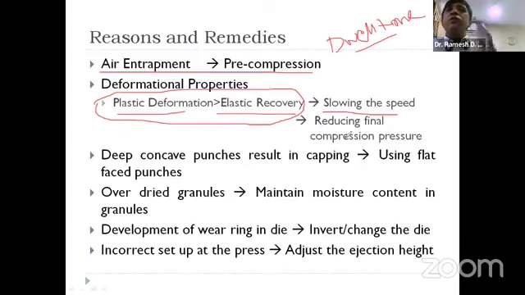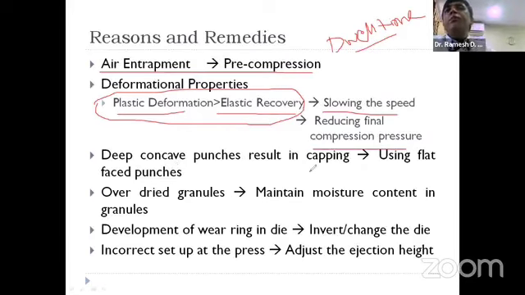So, if the upper punch remains for a longer time in the die cavity, it will lead to proper deformation. And that's why the material will not try to regain its original size and shape, so it will not lead to capping and lamination. So, we can slow the speed or we can reduce the final compression pressure.